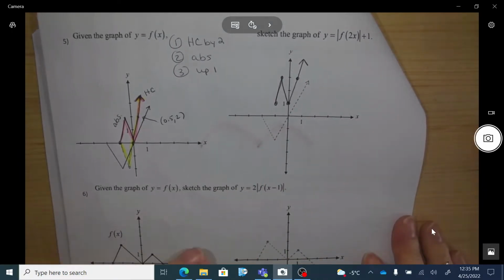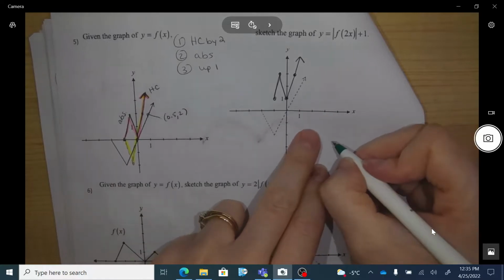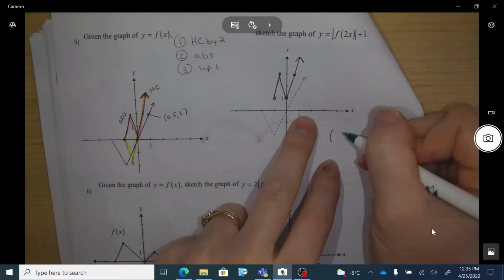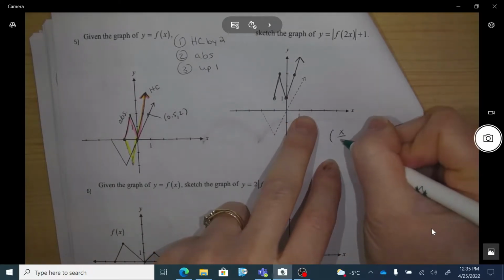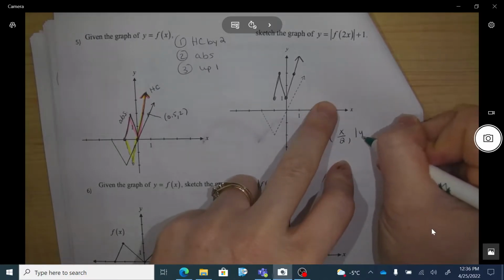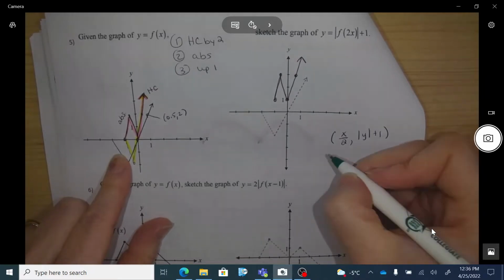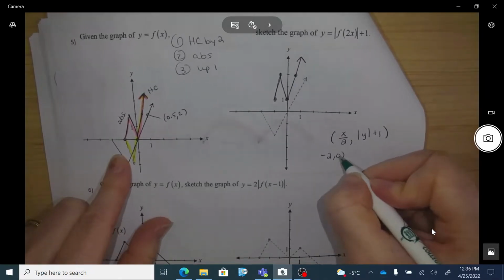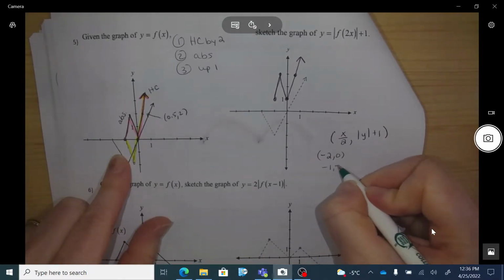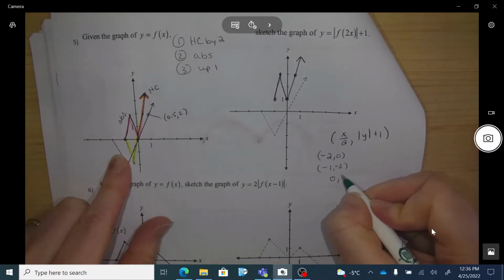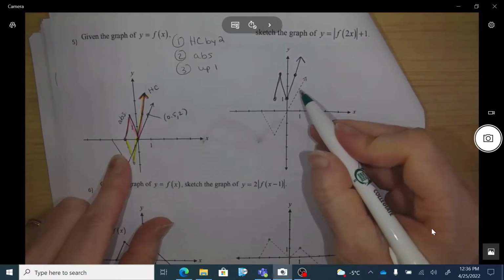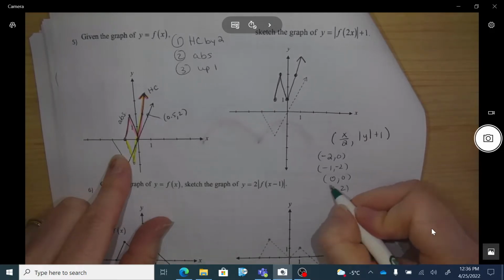Okay, if you wanted to do math with your coordinates, you could have done x divided by 2, the absolute value of y plus 1. So you could have done that with the coordinates, so -2, 0, -1, -2, 0, 0, and we'll go with 1, comma 2.